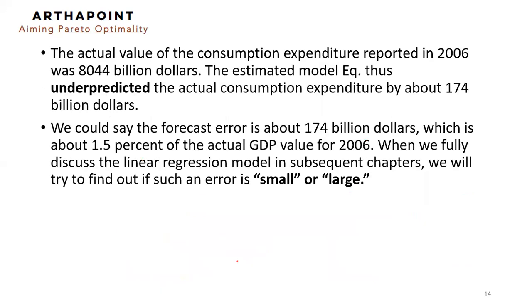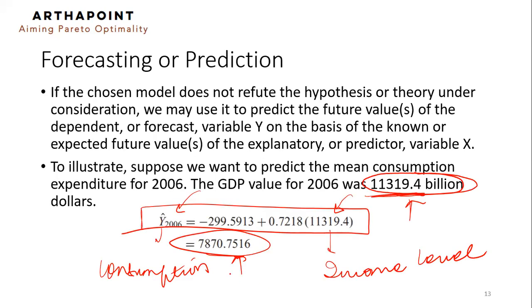Right? Now, this is what you predicted. Here comes the interesting fact. When we actually went ahead and asked people how much they consumed, and went to the level of the economy as a whole, the consumption that was reported was 8044 billion. The total consumption that actually took place was 8044.